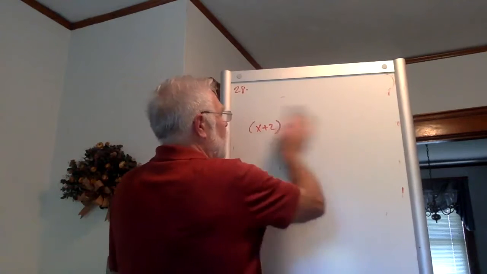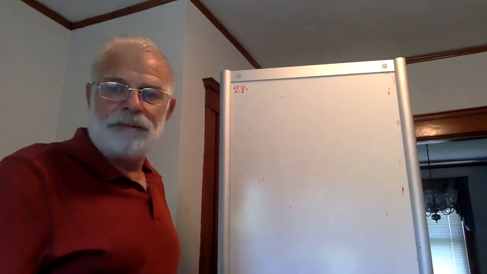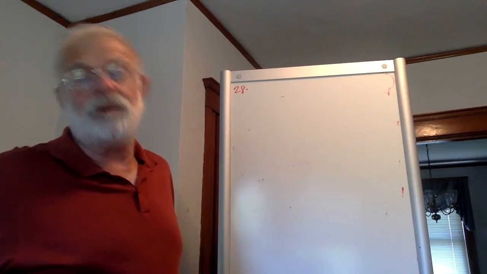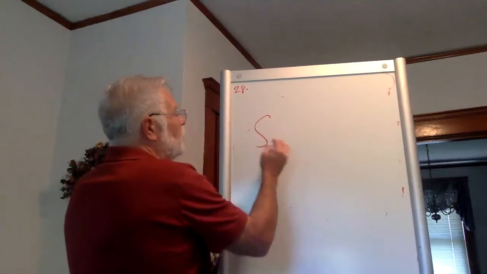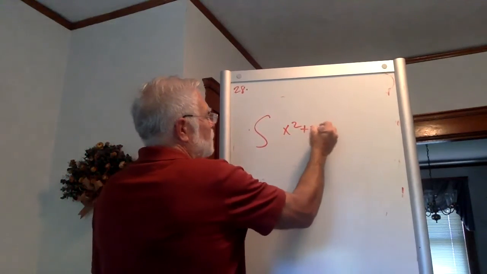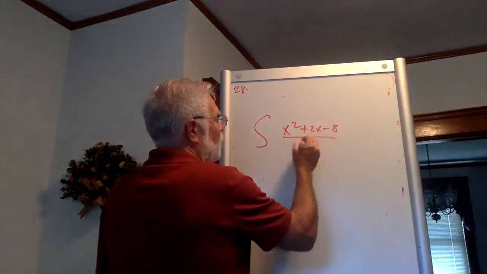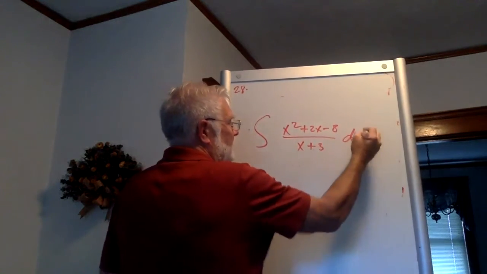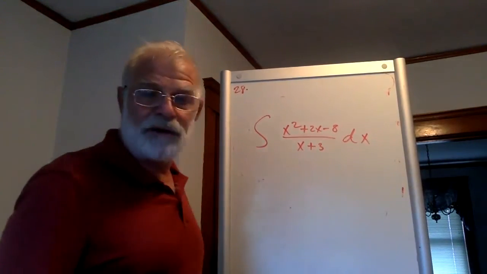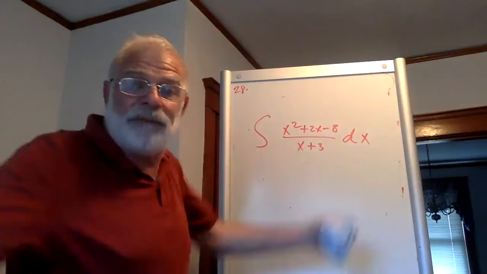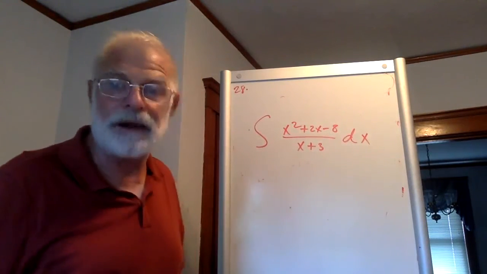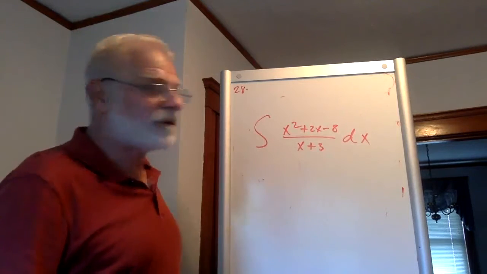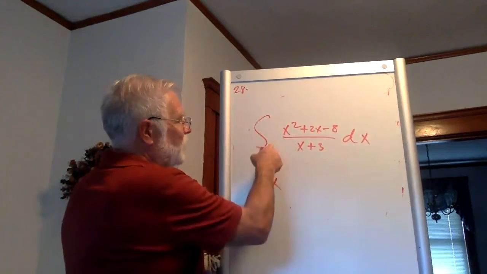All right, so remember, that takes a little practice. But here's what people can't do in a calculus class. People can't do x squared plus 2x minus 8 all over x plus 3 dx. The calculus part of that, once that's simplified, everybody can do because we study it and it's not hard. But folks don't know that you could have written this as x.